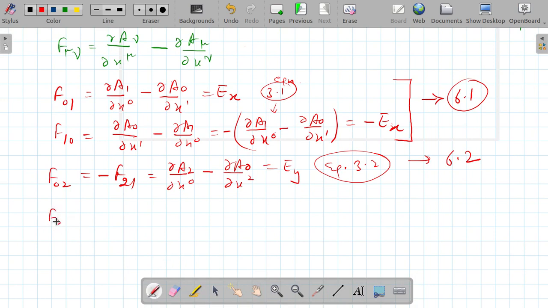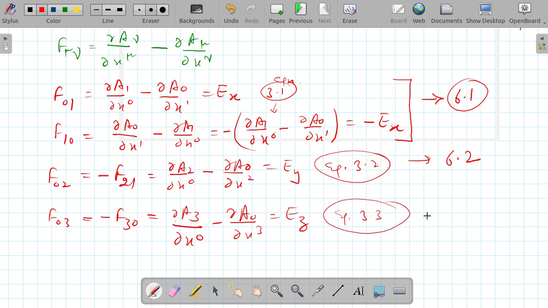Similarly, F03 is equal to minus F30. It is equal to curly A3 over curly x0 minus curly A0 over curly x3. It is equal to Ez, and it is equation 3.3 we have used here, and let me call this equation 6.3.